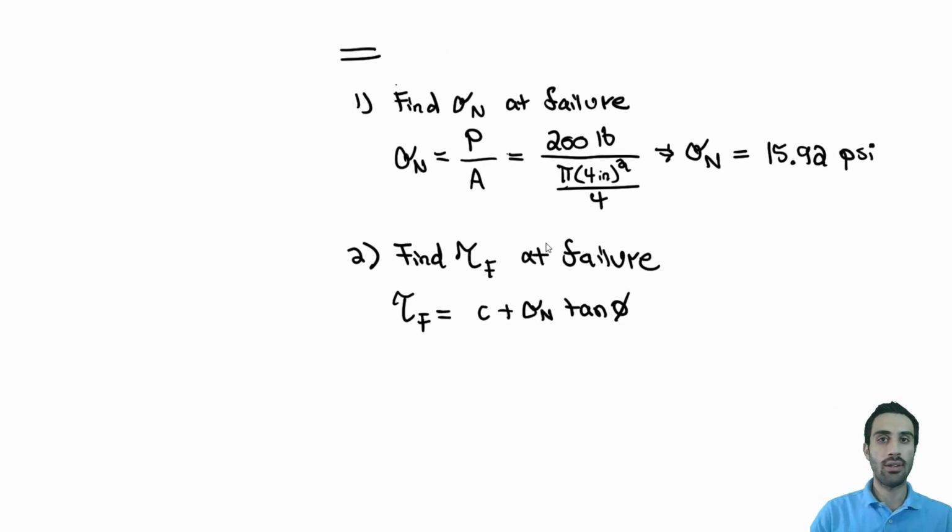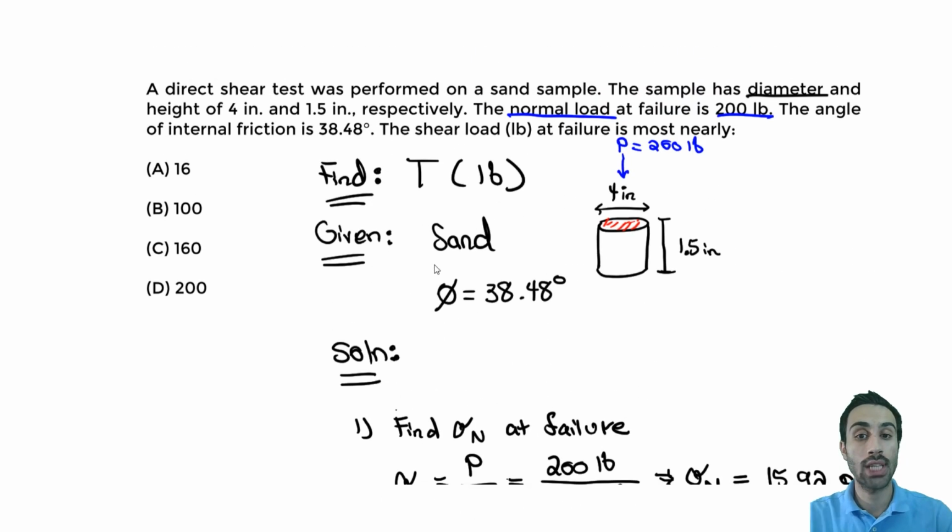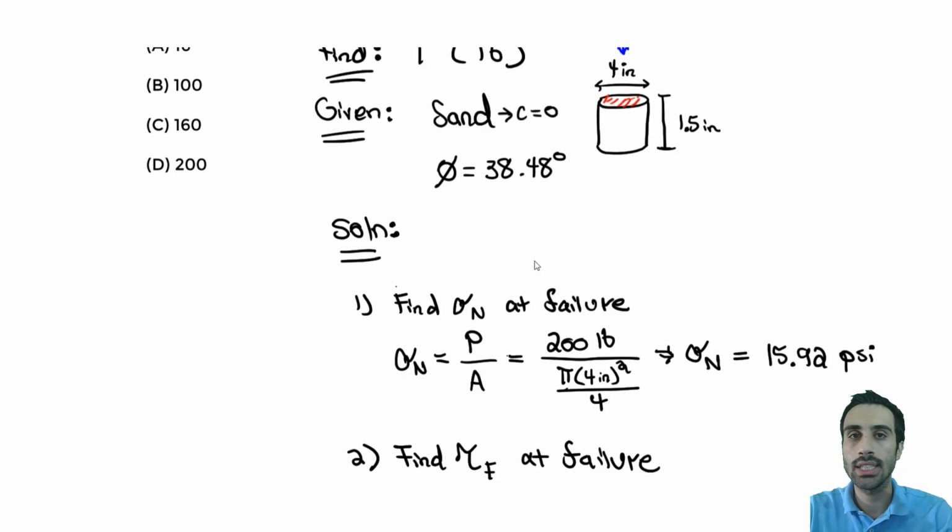What is C in this case? It's 0, because you're dealing with sand. Sand always has a cohesion of 0. Sand is cohesionless. If you have clay, it has cohesion, so it will have a specific cohesion value. But for cohesionless soils, sand, gravel, those granular type soils, the cohesion C is 0.